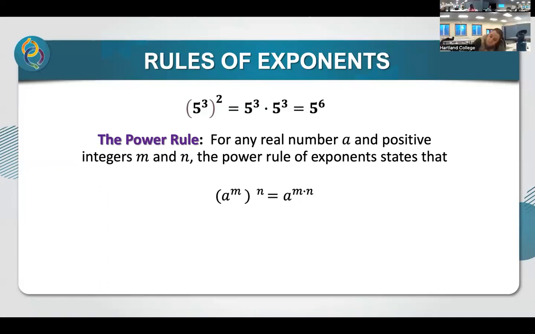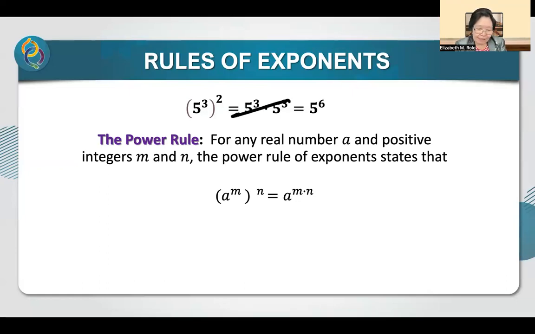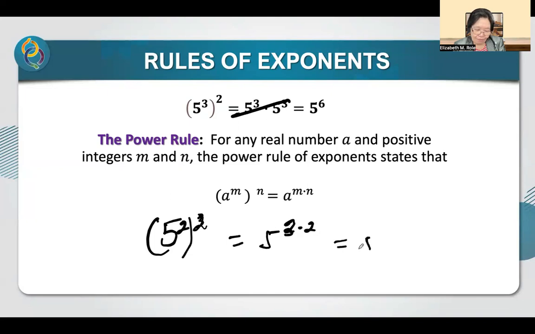That's why when you have 5 cubed squared, it will just be 5 to the 6. You don't even need to do 5 cubed times 5 cubed. You know that 5 cubed raised to the 2nd power is just 5 raised to 3 times 2, which is 5 to the 6.